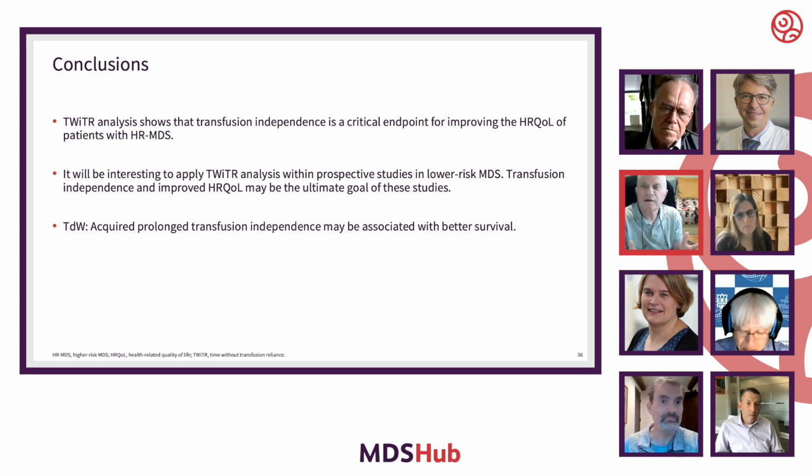So I think one of the discussions, and I think this is our task, either in the hub or as the MDS community, and maybe to convince the regulators as well, is what is a good endpoint? I believe that quality of life is an important endpoint, but there is a great variability and it is difficult to define and to measure.